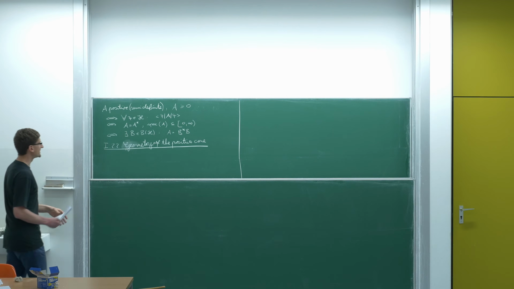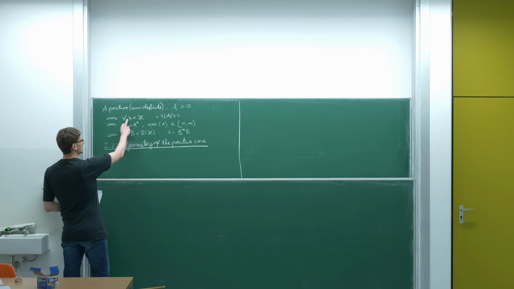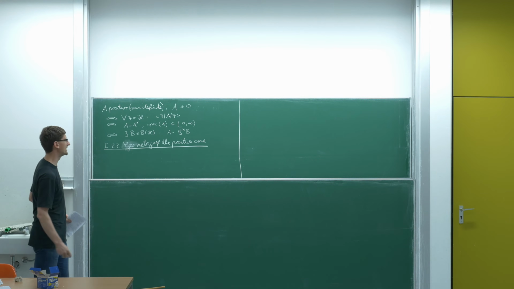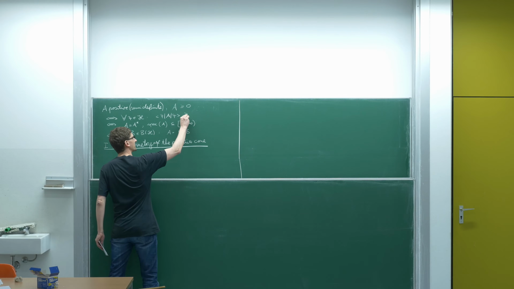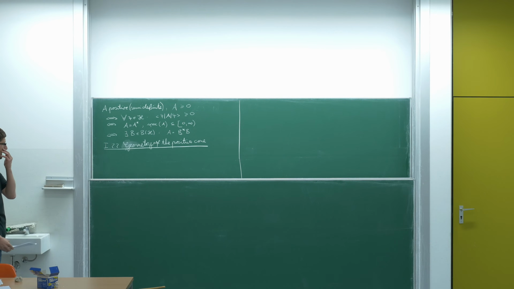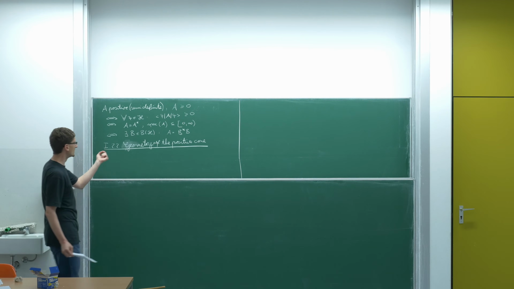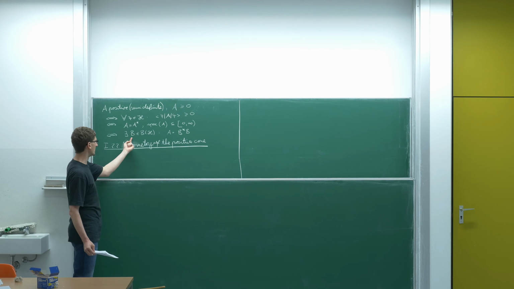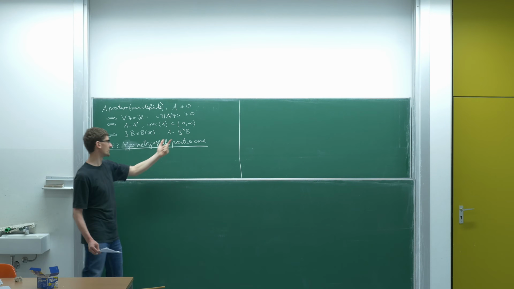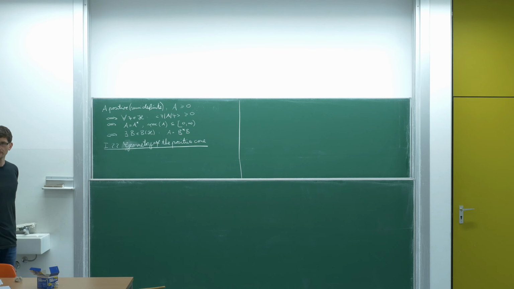And we showed that this is equivalent to the fact that if you sandwich A between two vectors of the Hilbert space, the inner product will always be non-negative. So this is a very useful definition. It also turns out that this is equivalent to the statement that A can be written as a square of an operator, so the Hermitian adjoint of some operator times the operator.